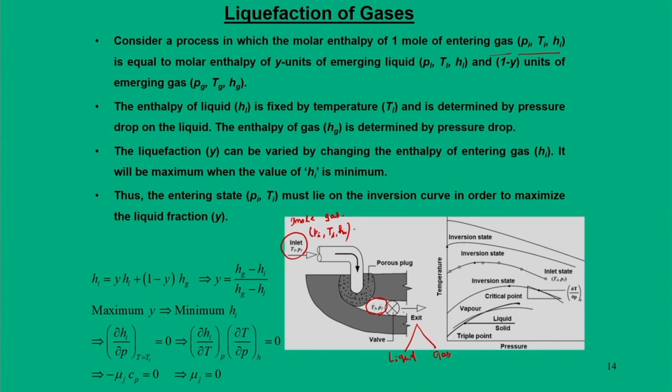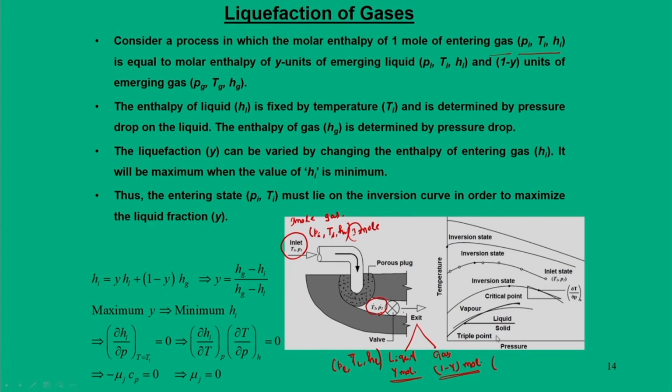So, if 1 mole of gas is entering and we are getting y units of liquid, that means y mole of liquid, and so 1 minus y mole of gas. The liquid phase conditions are PL, governed by its saturated temperature and pressure, TL and HL, that is the enthalpy of saturated liquid.